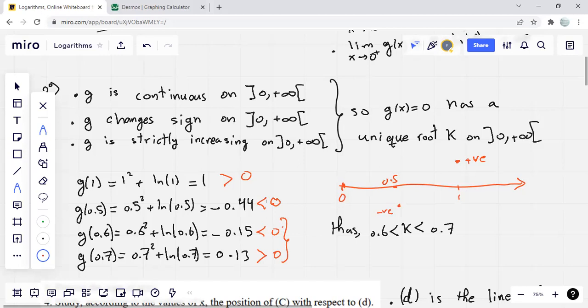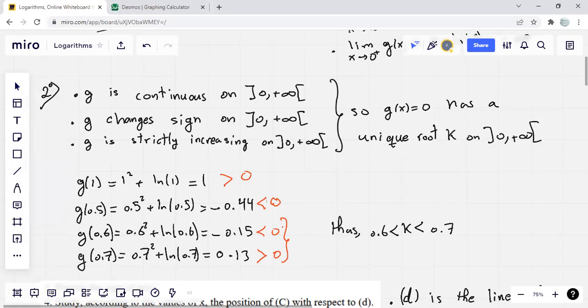At 0.6, it was also negative. And at 0.7, it was positive. And the curve is something like this. At 0.6 it is negative, at 0.7 it is positive. That's why the root is somewhere between 0.6 and 0.7, and this interval, 0.6 to 0.7, has an amplitude of 0.1.